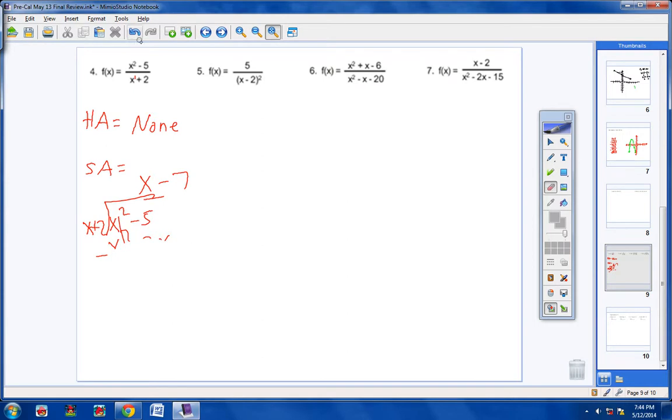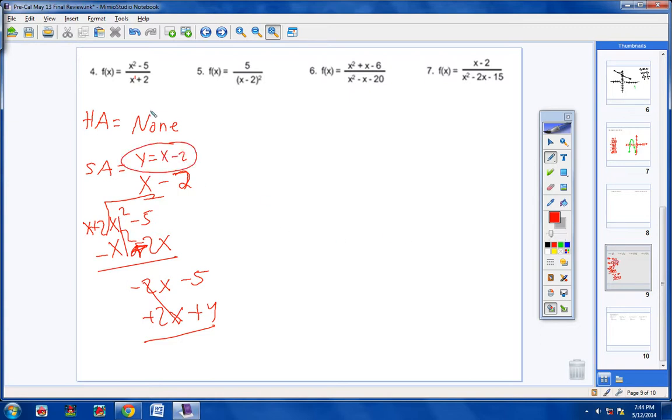On the division, negative 2x would not be combined with your negative 5. That's my fault. So you would just have negative 2x and then bring down your negative 5. And so x goes into negative 2x negative 2 times. Then change your signs and add. We don't care about the remainder. So your slant asymptote would be y equals x minus 2.